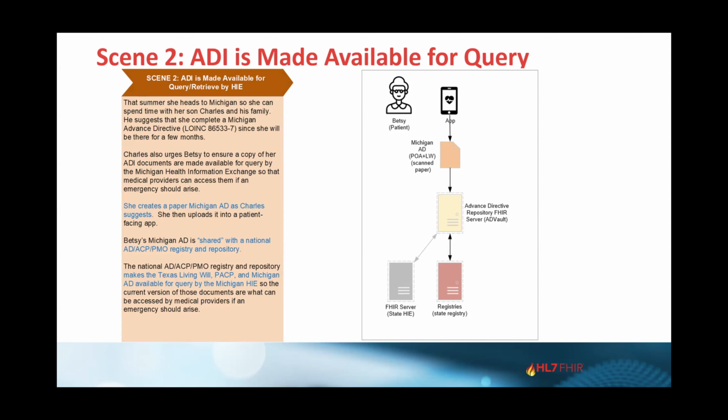Betsy's Michigan Advance Directive is shared with a national AD, ACP, PMO Registry and Repository, and the National Registry and Repository makes the Texas Living Will, the structured Personal Advanced Care Plan, and the Michigan Advance Directive available for query by the Michigan Health Information Exchange. So the current version of those documents are what can be accessed by medical providers if an emergency should arise.